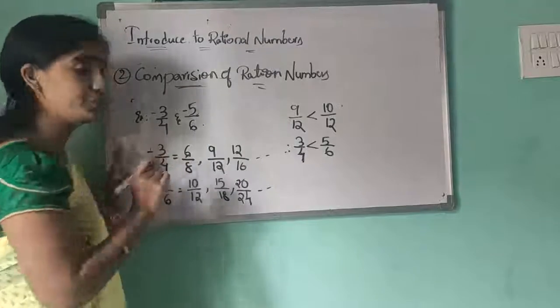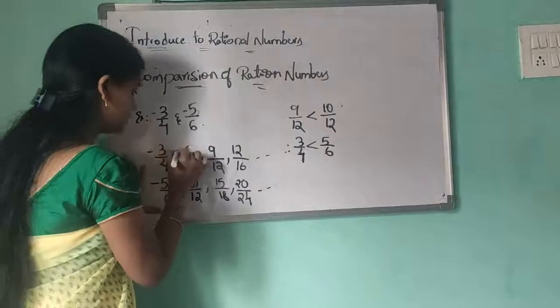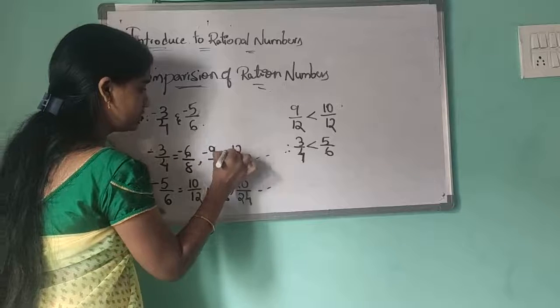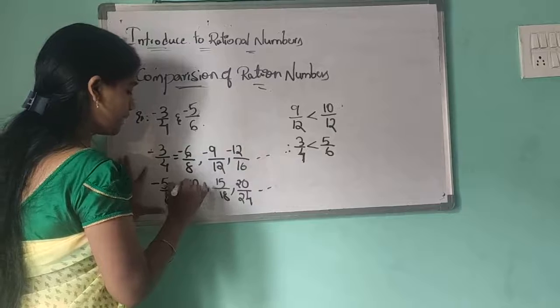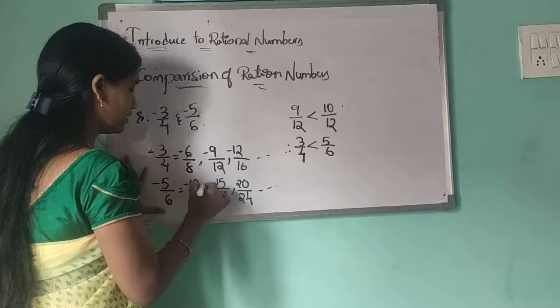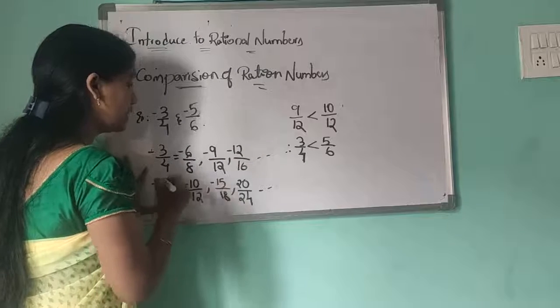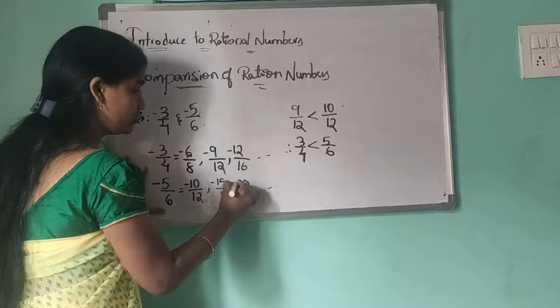Minus 3 by 4 into 2 by 2 gives minus 6 by 8, then minus 9 by 12, then minus 12 by 16. Similarly, minus 5 by 6 gives minus 10 by 12, minus 15 by 18, minus 20 by 24.